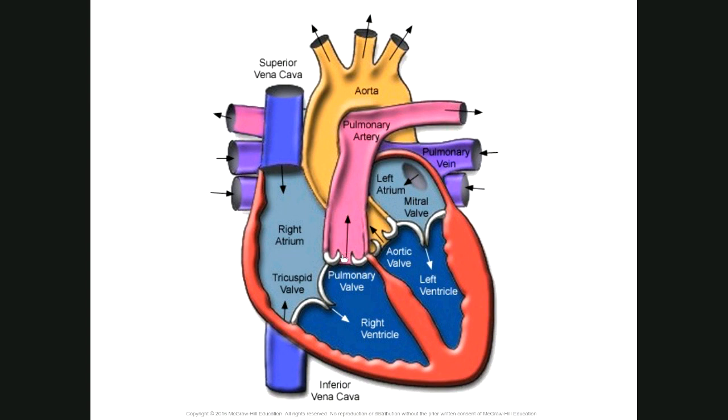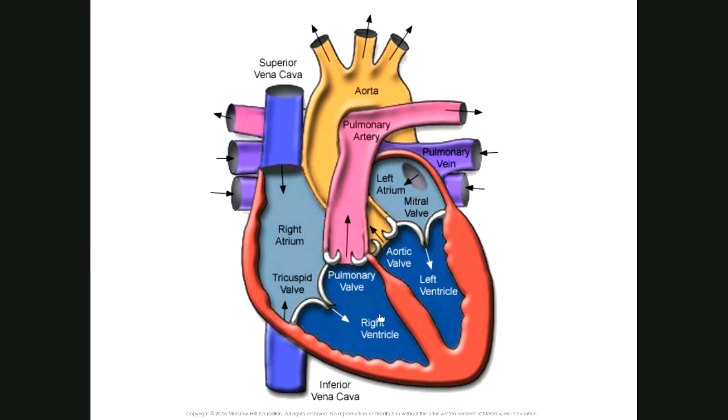This is an artery because it carries blood away from the heart, and it originates from a ventricle. When it comes out of our heart, it divides into two parts. One of them is called the right pulmonary artery, which you can see here, and the other one is called the left pulmonary artery in the left side.